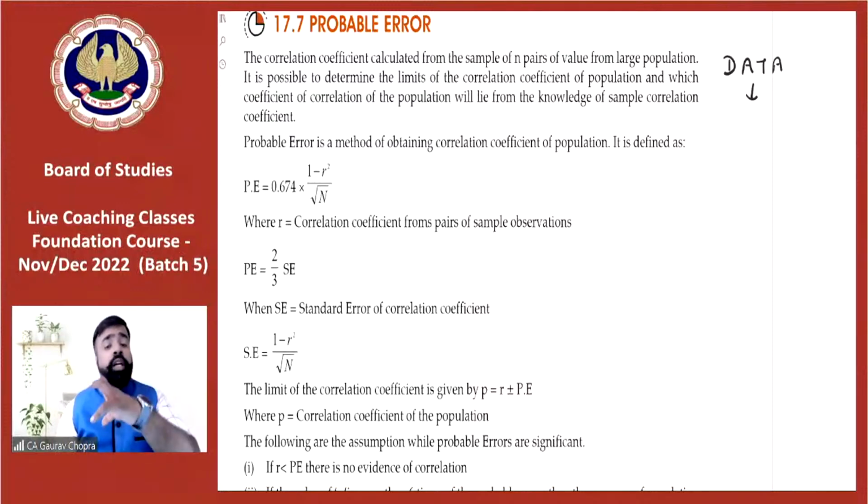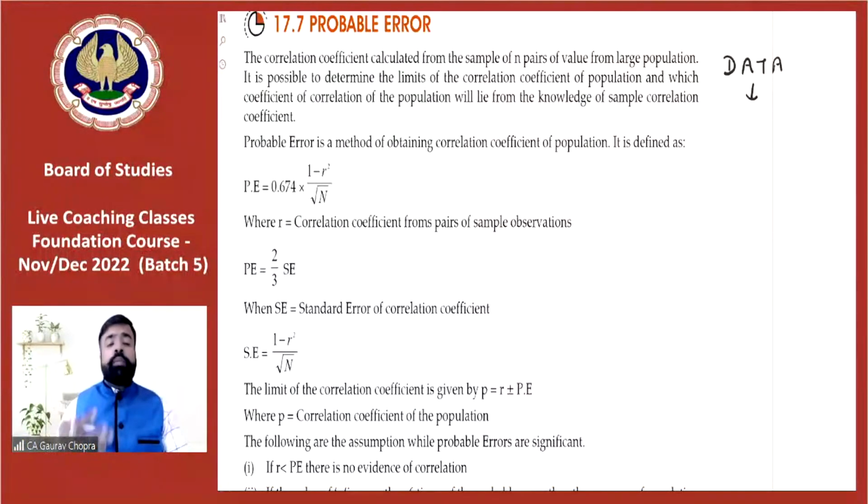Which figures to pick for calculation of correlation? Like if you want to find the correlation between the height and weight of a person, in India we have more than 135 crores of population. Which data shall we collect?